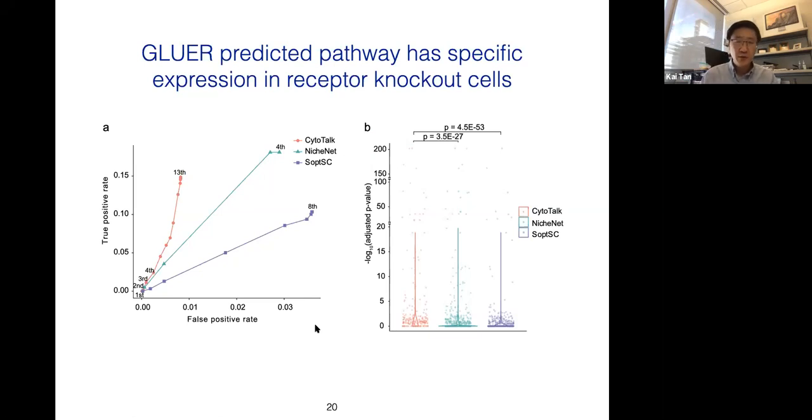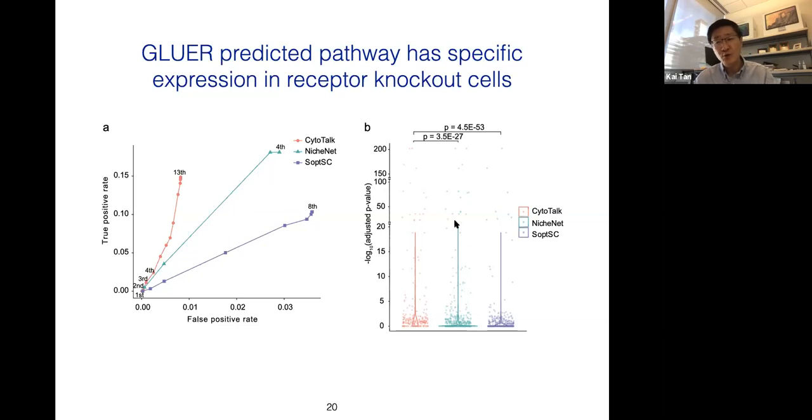So using that data set, we construct a ROC curve, shown here, compared to the 2 other methods because they predict the entire pathway.